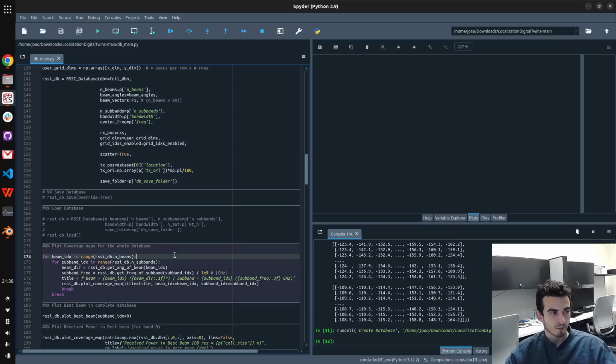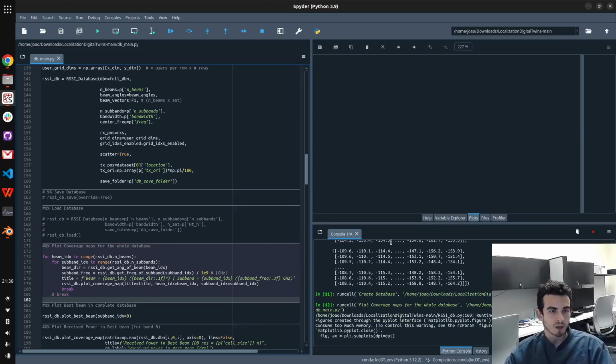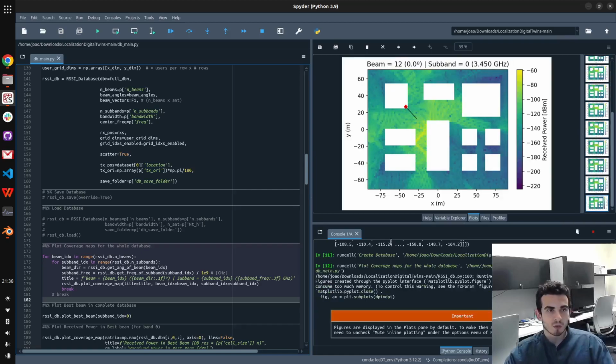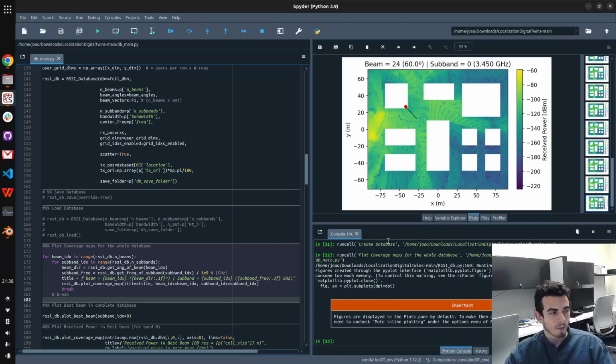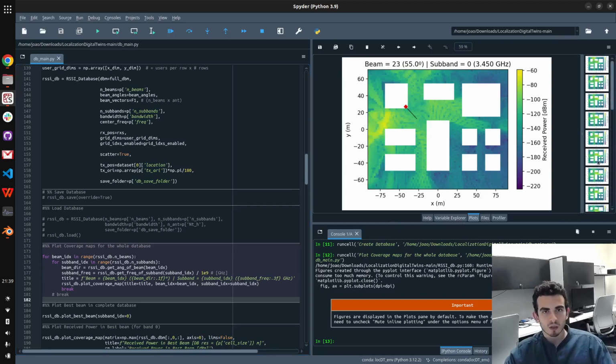Now, something really worthwhile showing is how the database looks, essentially how the coverage looks for each beam. This is a fairly low resolution visualization, because I am using 2 by 2, but if you do it 1 by 1, it's going to be a much better visualization.